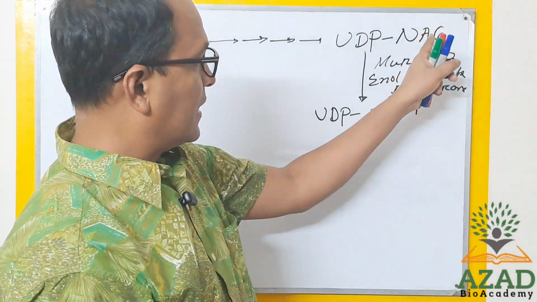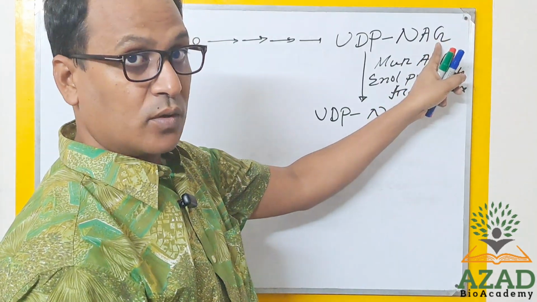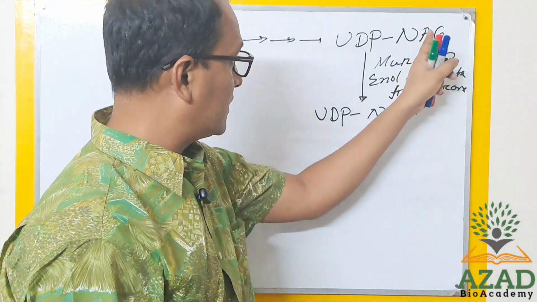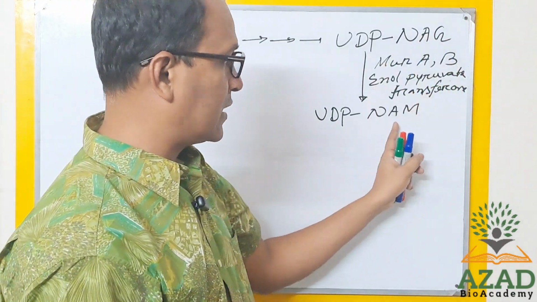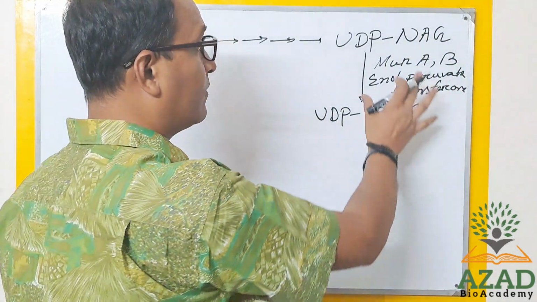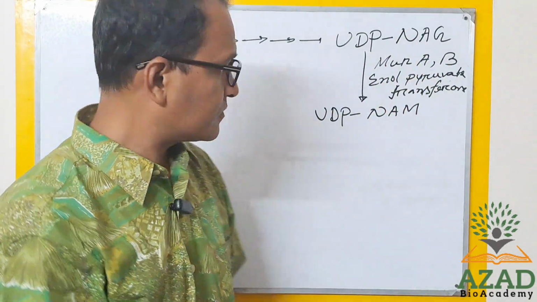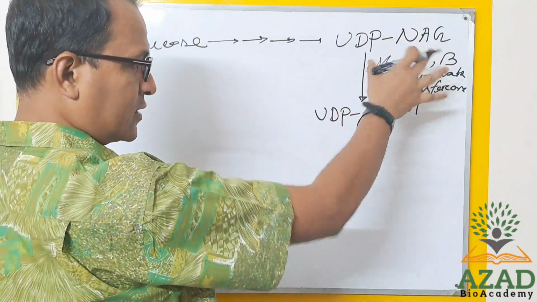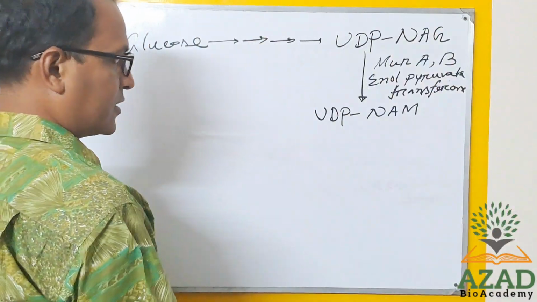That means N-acetylglucosamine is converted into N-acetylmuramic acid with the help of the enzyme. This enzyme is very important, and some antibiotics will work on it. I will explain that in the antibiotic stage.